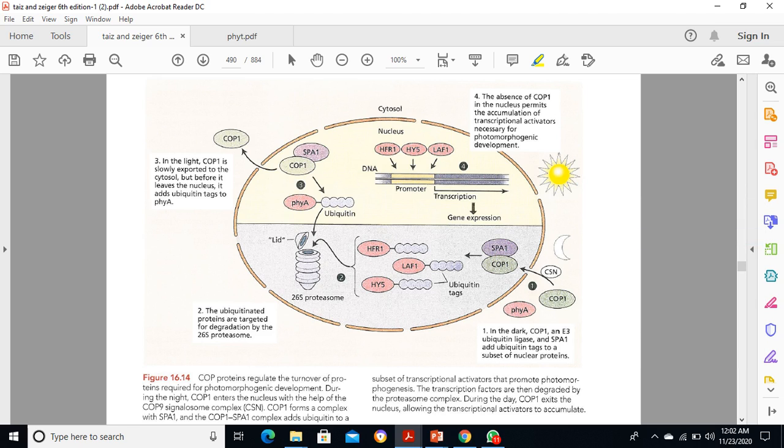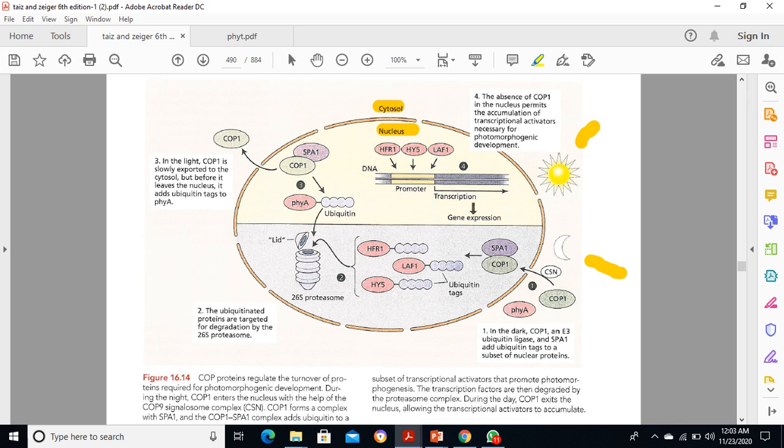So in the night actually COP1 exists in the cytoplasm. So this is actually the cytosol. This is the nucleus. First you have to understand. That is the first thing you have to understand. And in the top portion they have shown the sunlight, that is the morning, and in the bottom portion they have given the moon, that is during the dark time.